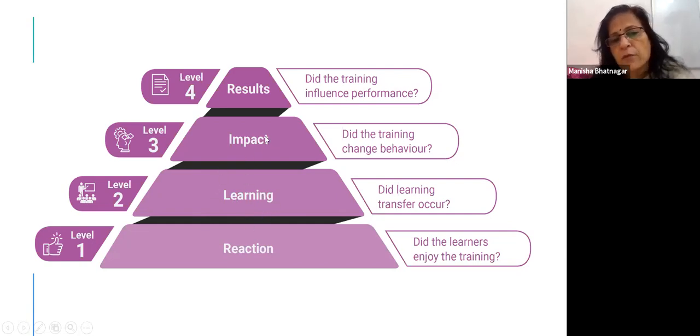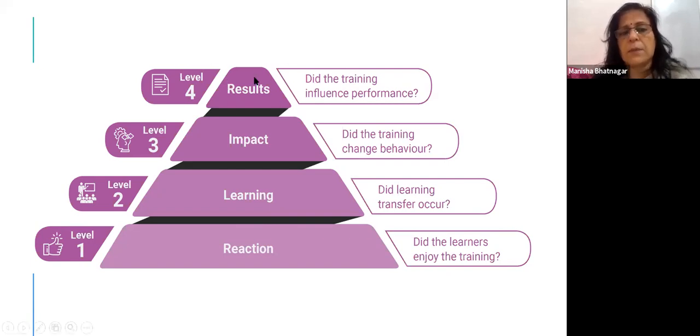And impact would be after the trainee has settled in his job and is really performing. Then you see the enhancement, and filter out whether it is really due to the training, or due to some factors in the organization, some environmental factors.